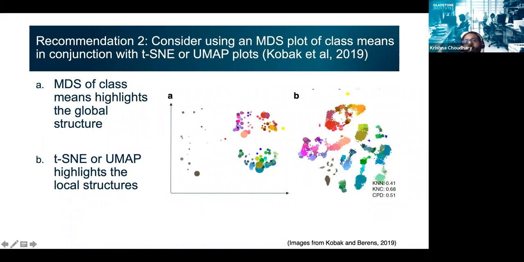It is a technique similar to PCA, or you can also use PCA, but basically what you work with is the centers of each of the clusters, the cluster mean or cluster median, and you show where these cluster medians or means are in relationship to each other in another plot. In that plot, you can focus more on the global structure. So MDS and PCA, since they work on global structure, this plot will indicate the global relationships between different clusters, and the other plot will indicate the local structure within a cluster.